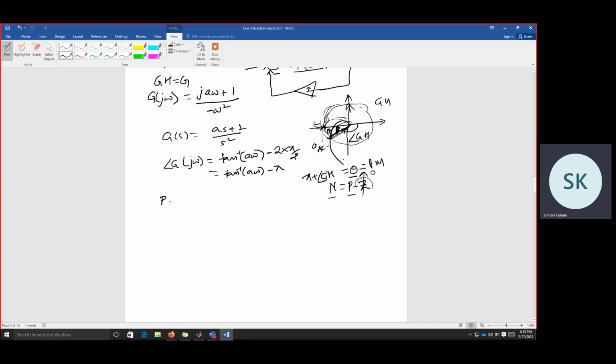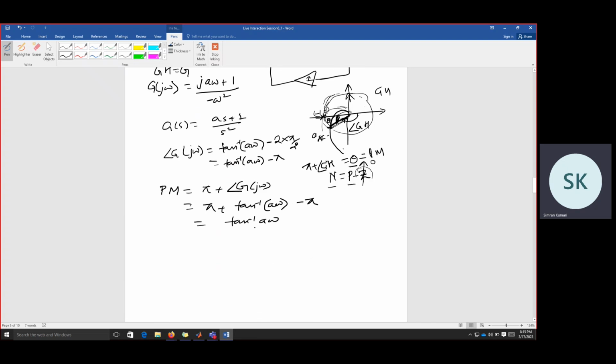Now what is the phase margin? Phase margin is pi plus angle of G of j omega. So this is pi plus tan inverse A omega minus pi. This would give tan inverse A omega. What is the value of phase margin?